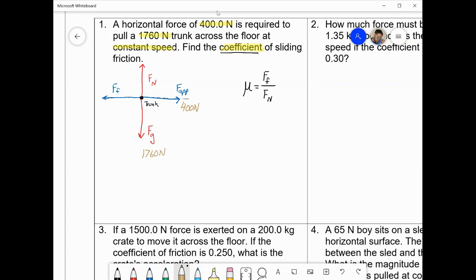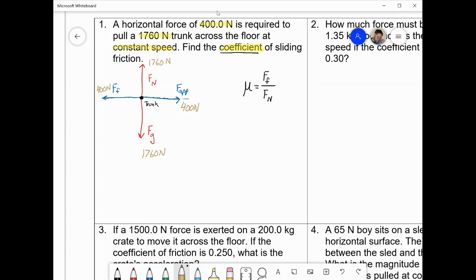Now, we have these two, but what do we know about the others? Well, they're equal and opposite. So if it's 1,760 newtons down, then it's 1,760 newtons up. And if it's being pulled with 400 newtons to the right, then friction must be pulling back on it with 400 newtons to the left, because it's a constant speed.